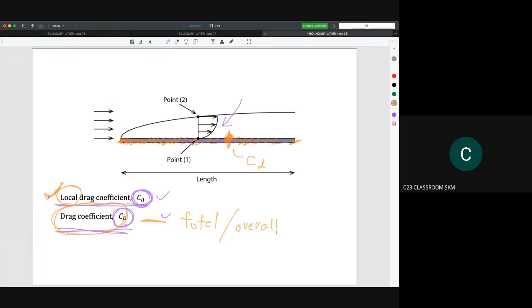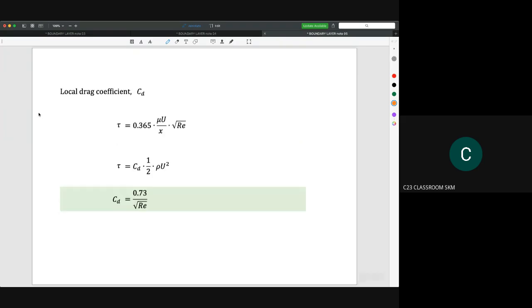I hope you can understand the difference between the local drag coefficient and the drag coefficient. This is very important because the equations are not the same.